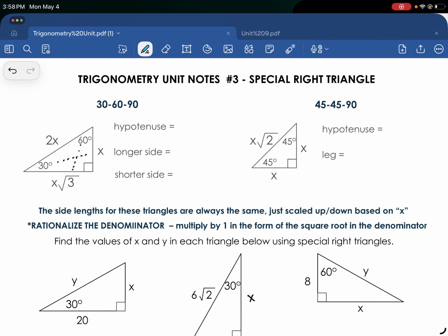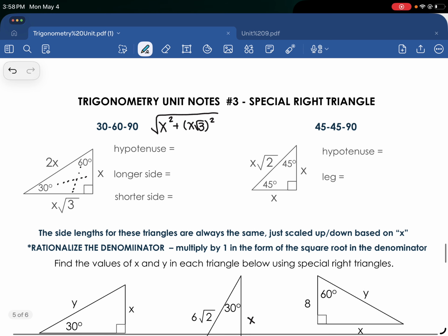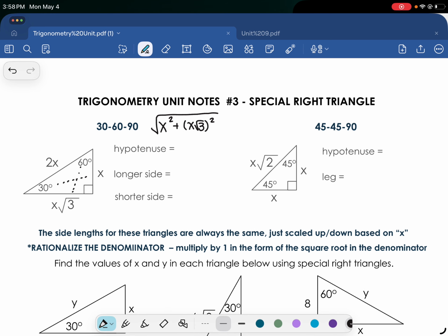Now, if I take the short side, x, and I square it, and I add it to the other side, x times the square root of 3, squared, the square root of that should give me the hypotenuse. Well, let's check to see if that actually works.